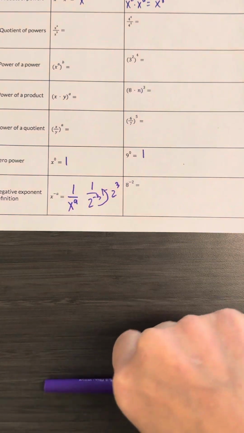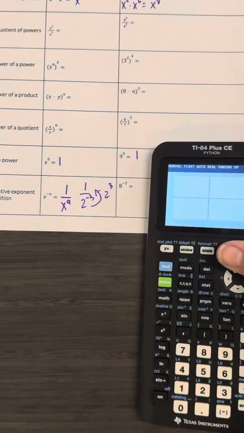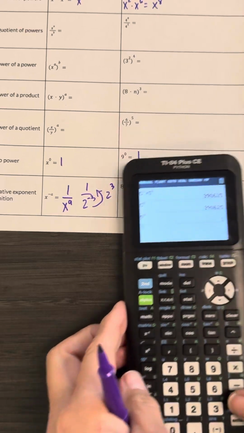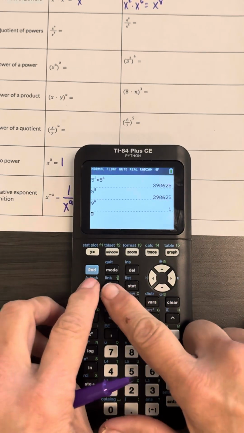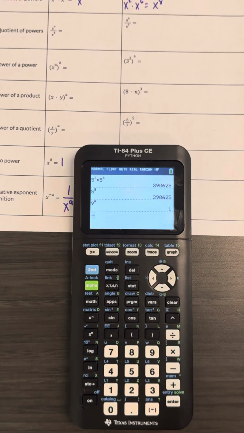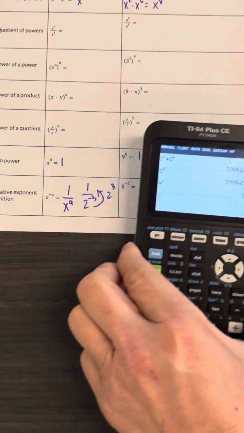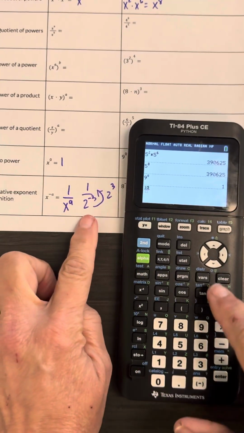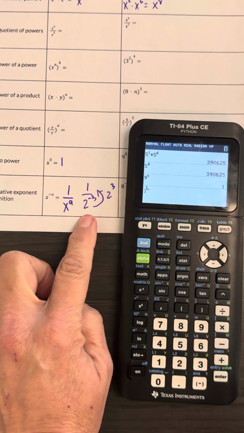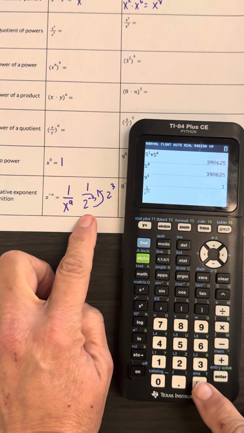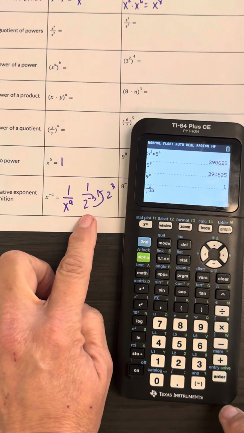Okay, so let's see if I'm correct. On the calculator, let's do the 1 over 2, raise it to the negative 3, and then press enter.